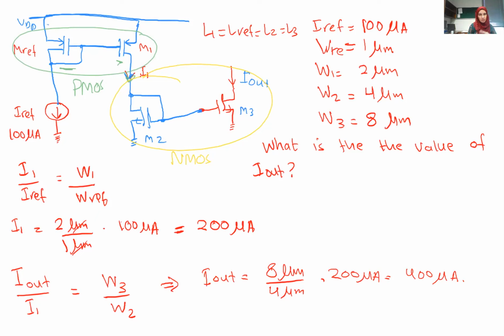If you want to shift from NMOS to PMOS, as we did in this example, this is a very good example to show how you can transfer from NMOS to PMOS or vice versa. Try to exercise yourself: here this is I out, and here IREF.